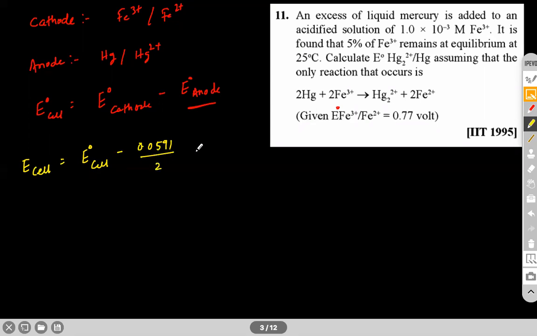Because the n value is 2, log of Hg2 2 plus into Fe2 plus square divided by the ion we have, Fe3 plus square. This is the equation we have.